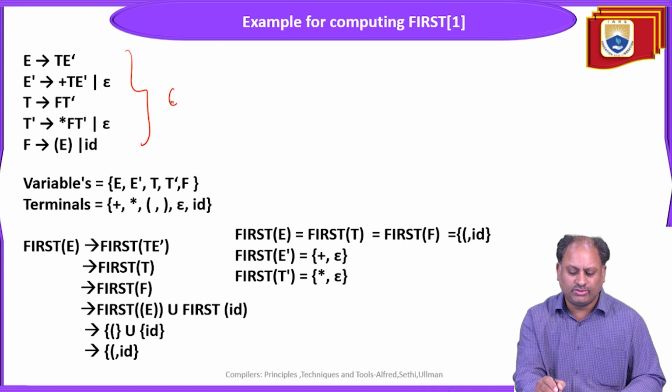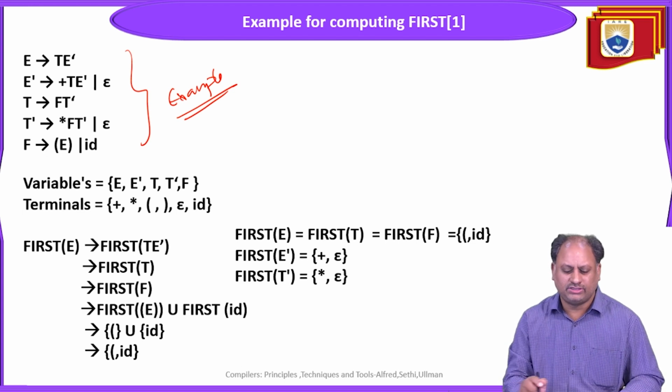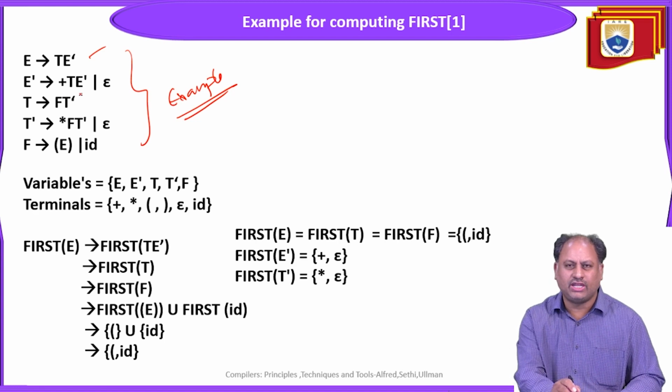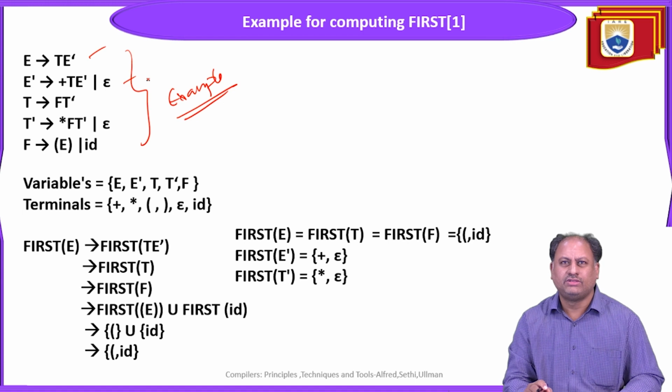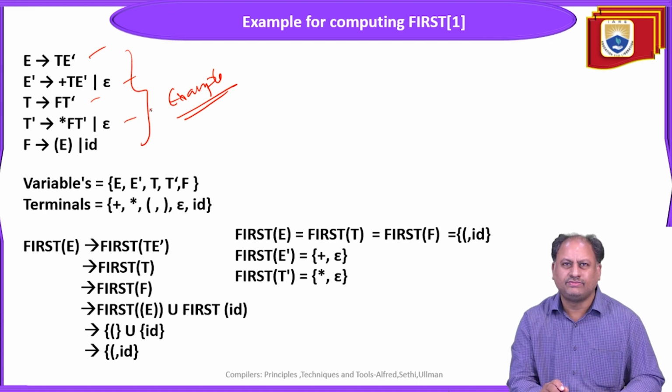This is the example. In this example, the grammar is defined as: E derives T E dash, that is one; second production is E dash derives plus T E dash, or epsilon; T derives F T dash; and T dash derives star F T dash, or epsilon.